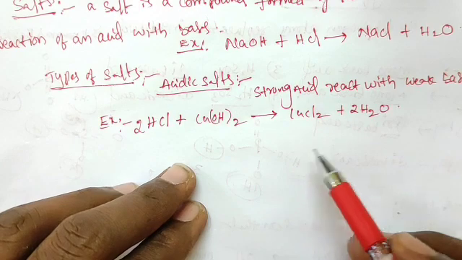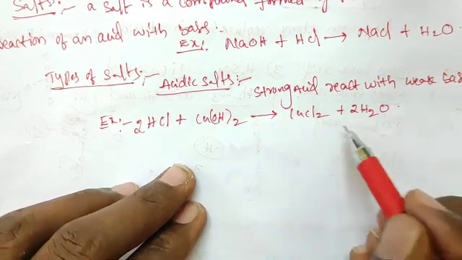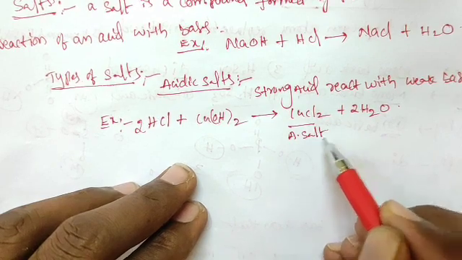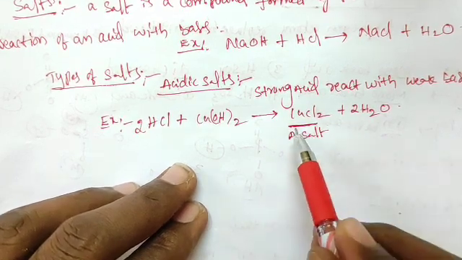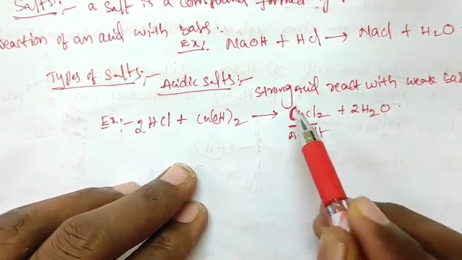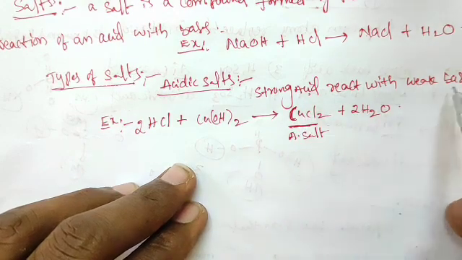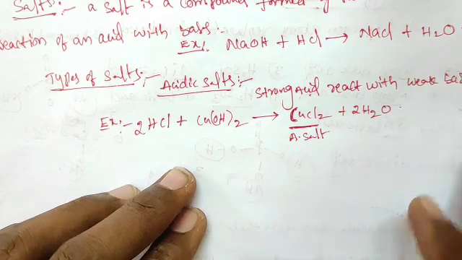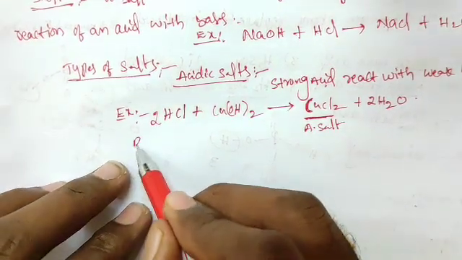So this is an acidic salt. Why is it an acidic salt? This salt is formed when a strong acid reacts with a weak base, so we get an acidic salt.